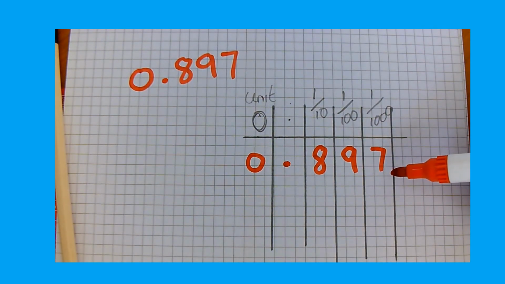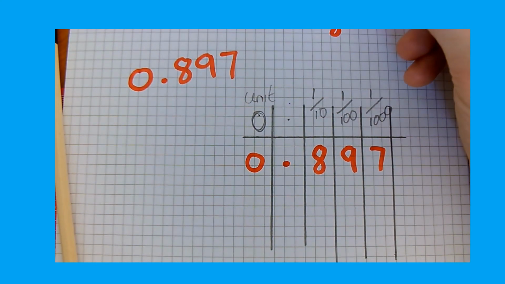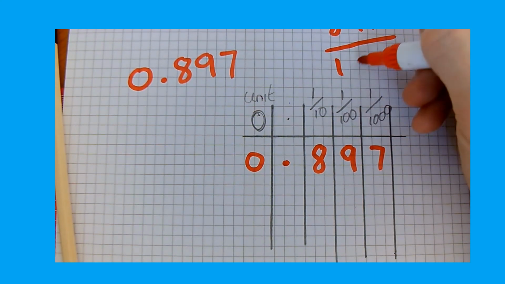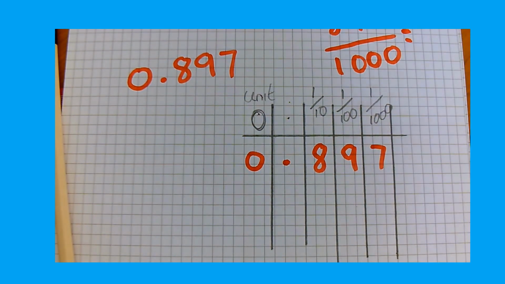The third digit is a 7, up to the top is thousandths. So the value of 0.897 as a fraction would be 897 over 1000. And then we could simplify that using the lowest or highest common factor.